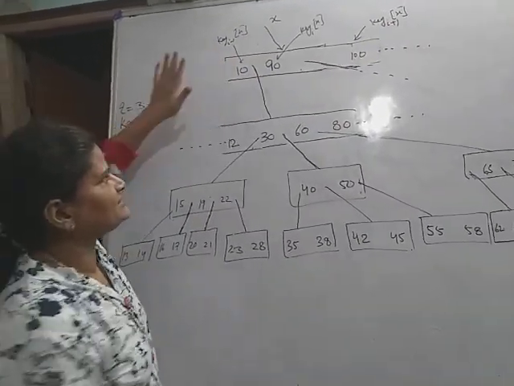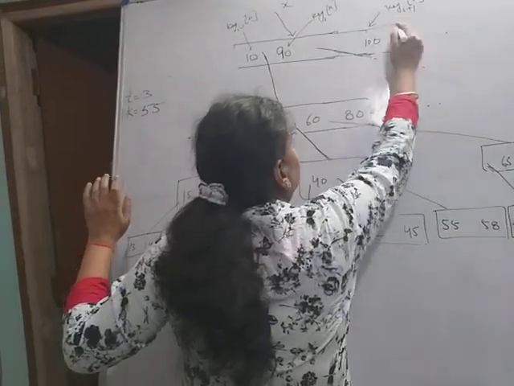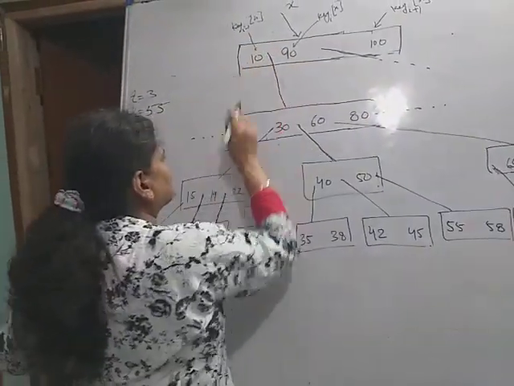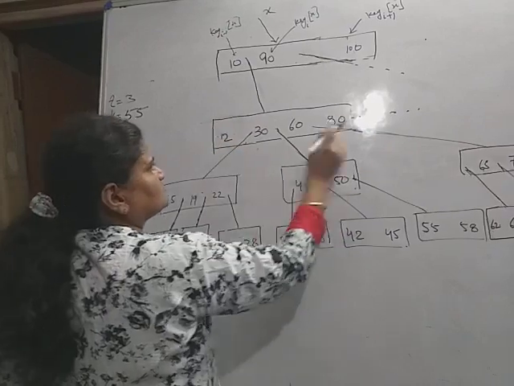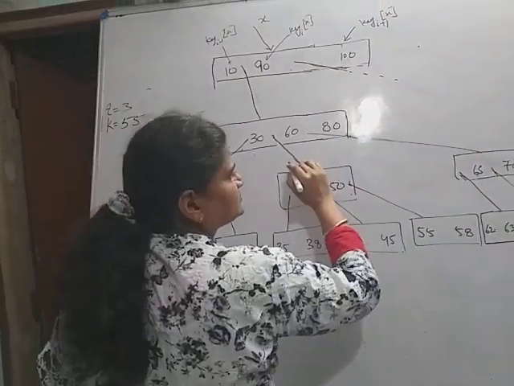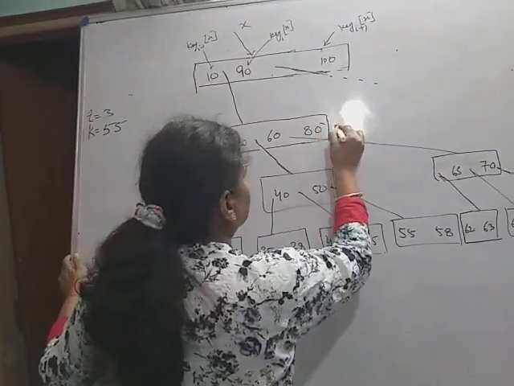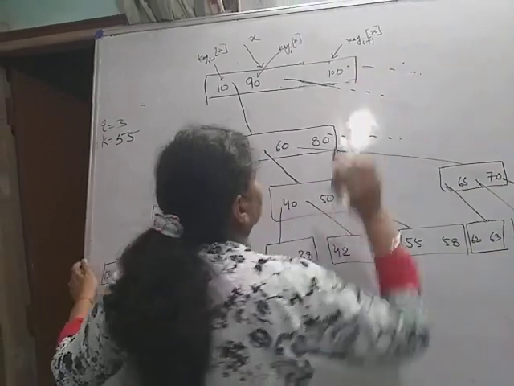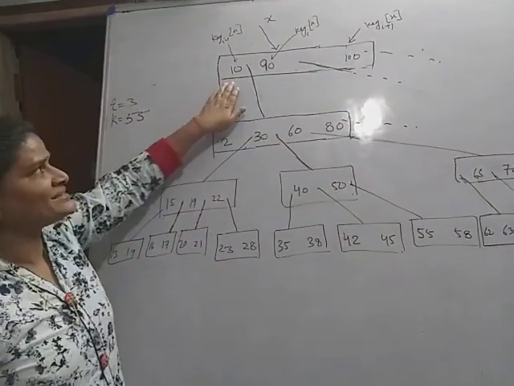Here I have not drawn the 80, it's the same 100. So now x contains what?